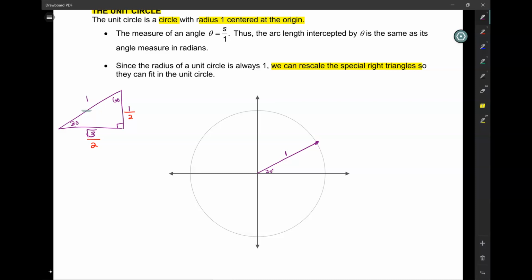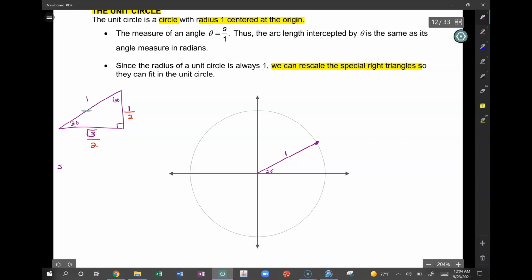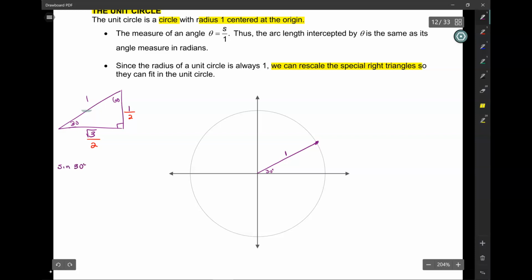Look at this triangle. Let's find the sine of 30 degrees. Sine is opposite over hypotenuse. What's the opposite side? 1/2 over 1. That's just 1/2, because when you divide by the hypotenuse, it's 1, so it doesn't make a difference.